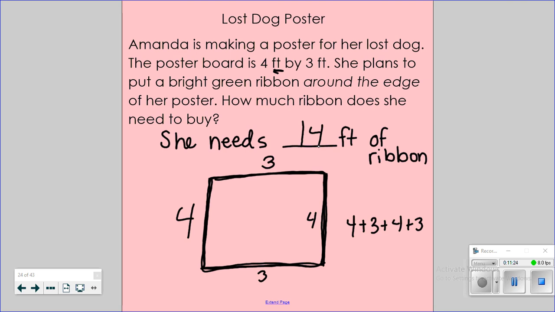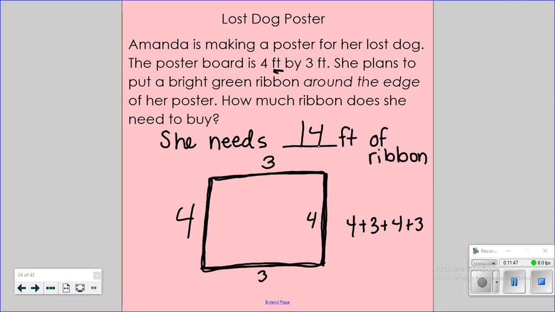How much space does she have to make her poster, to put the lost dog picture and her information on? Would she put that in the area or the perimeter? She would put it on the inside of the poster, the area.